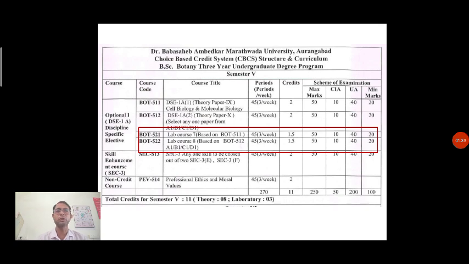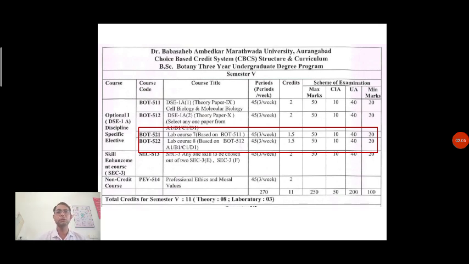So 10 plus 40 makes 50 marks in total. The minimum passing marks required for this paper is 20. Both these papers, Botany 511 and 512, have the same credit, the same marks, and the same minimum passing marks.